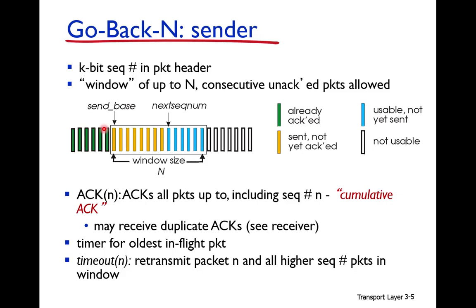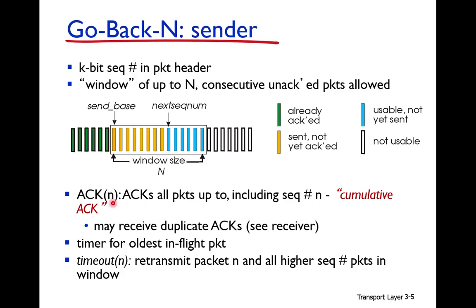The send base indicates the oldest packet that is sent and not acknowledged. So send base minus 1 indicates the packets that are sent and whose acknowledgement is received correctly. The next sequence number minus send base indicates the packets in the range that are sent and not acknowledged. And the next sequence number indicates the packet that should be sent next.